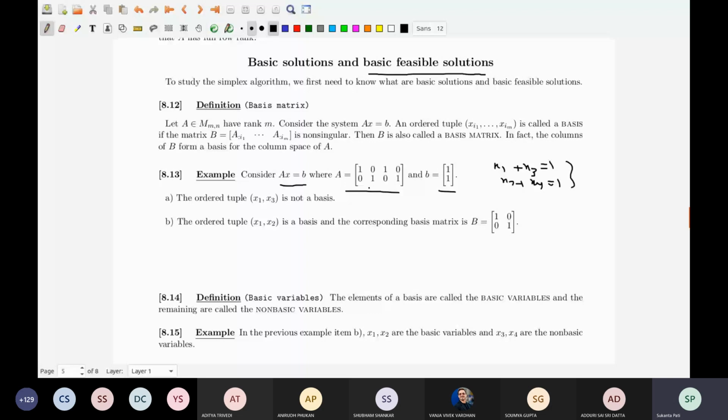For example, you can select x1 and x2. Then you say x1, x2 is a basis, and the basis matrix is, first you write the column for x1, that is 1 0, then the column for x2, that is 0 1. This is the basis matrix.